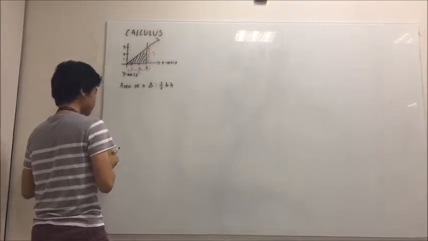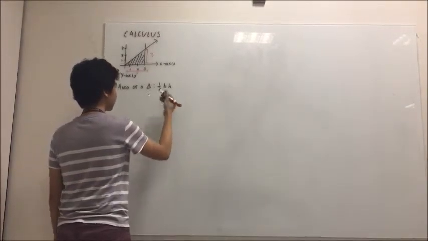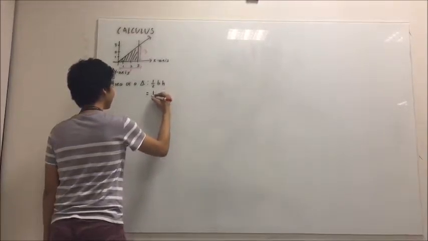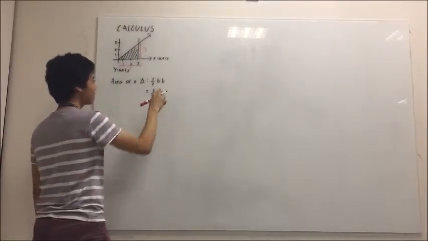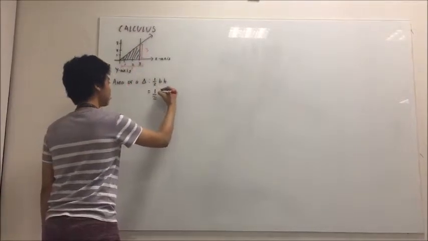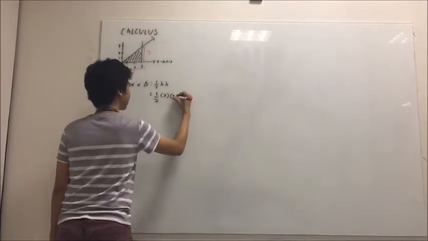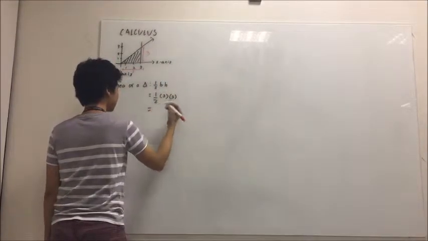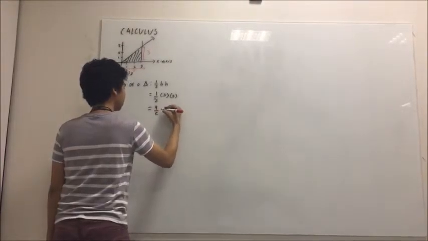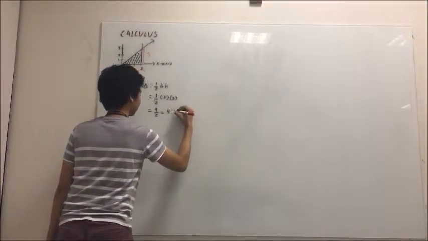So knowing this, we can immediately write the area of the triangle. We have 1/2, and the base is 3 and the height is also 3. If we solve for this, we have 9 over 2 or 4.5.